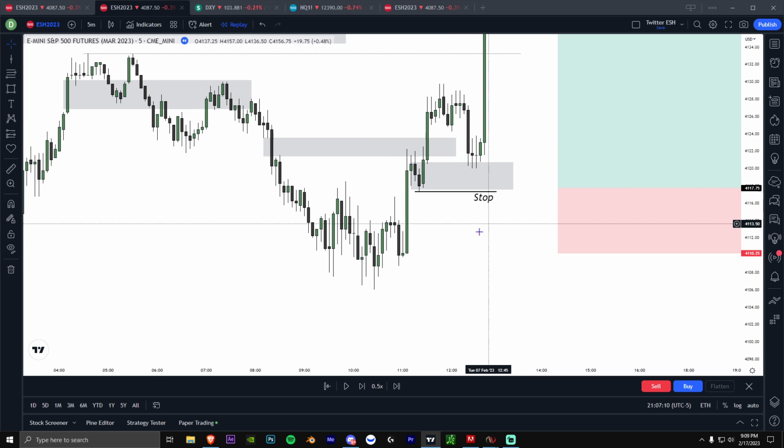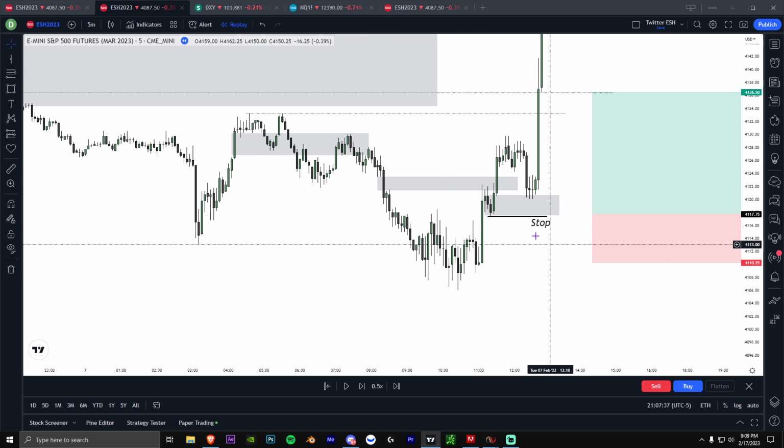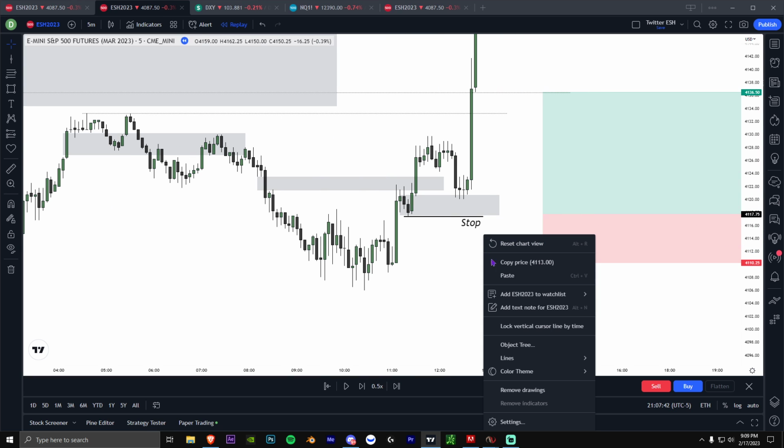There's a nice move there, and then we can see it hit my target. But yeah, this is kind of the displacement I'm really looking for in trades.